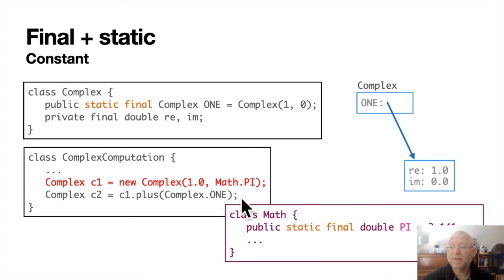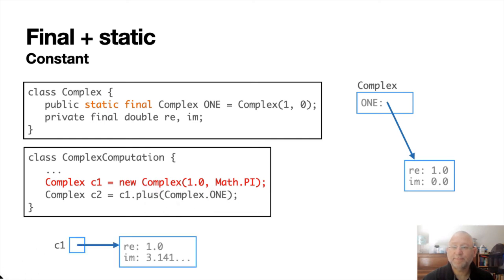So it's this value that I'm accessing like this, and I'm passing it to the constructor for Complex. So it will create a C1, which is an instance of class Complex. The real value is 1, imaginary value is 3.141.